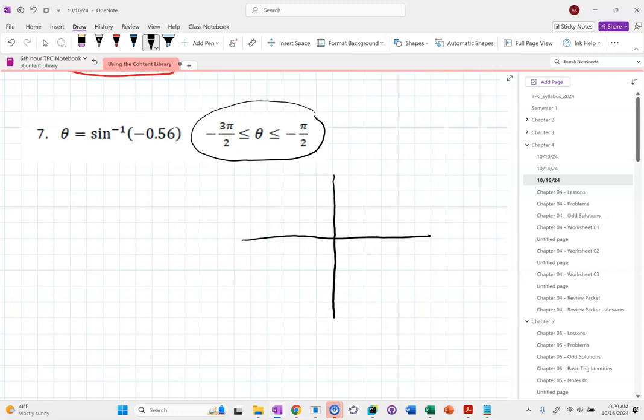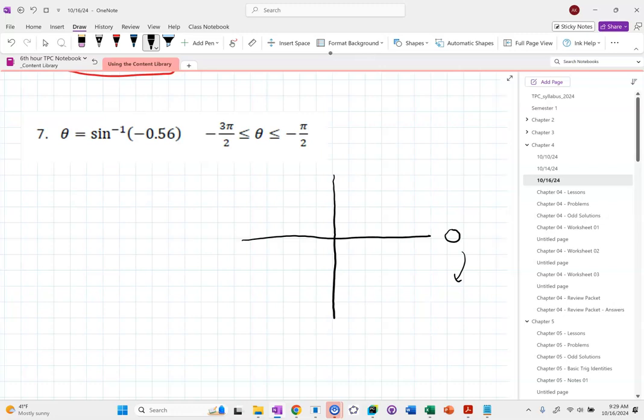Everybody's okay? What do I notice about my angle theta here? If it's between two negative numbers, it has to be negative. So when I start my counting, which way am I going to be counting? Clockwise. I always start at the positive x-axis, but this time I'll be counting in this direction.